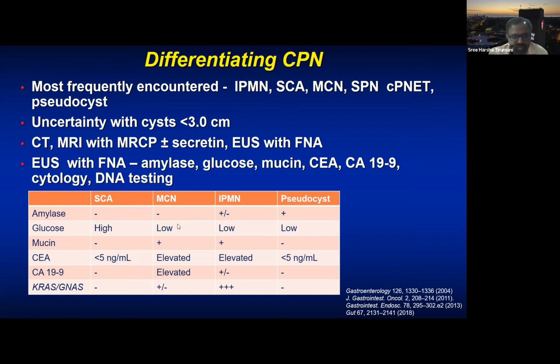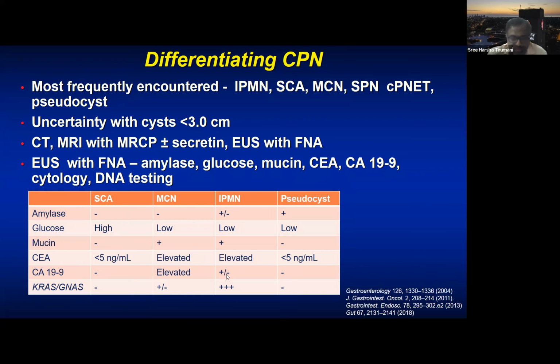Similar thing with mucin. Presence of mucin is usually seen with both the mucinous tumors, that is the MCNs and IPMNs. Now, a few other more nuanced and finer tumor markers are the CEA and CA19-9. As you all know, CEA is carcinoembryonic antigen, and CA19-9 is again a carcinoma antigen. Both of these are pretty indicative of a tumor. Both MCN and IPMN tend to have CEA and CA19-9 elevated.